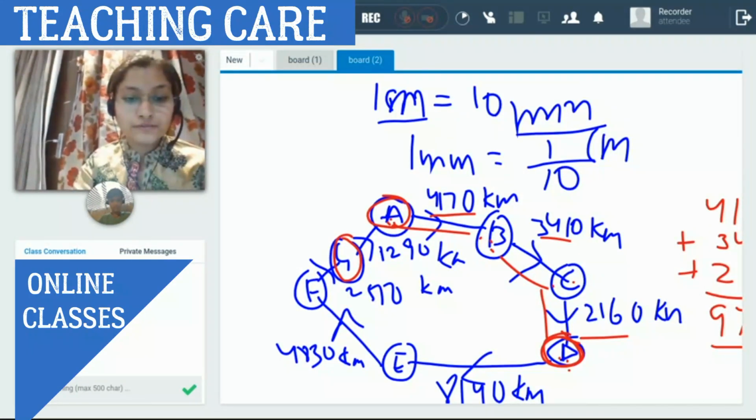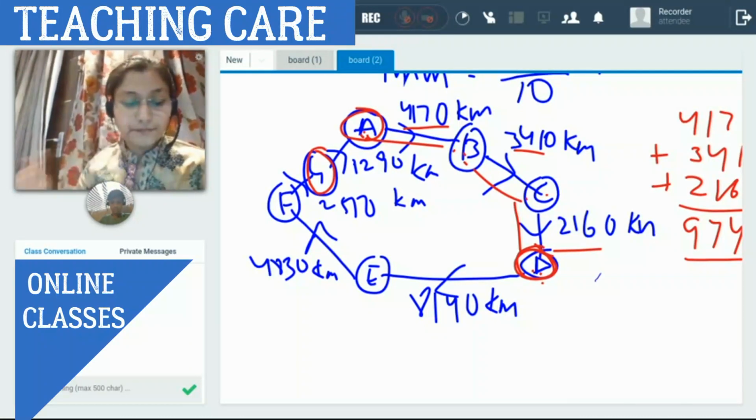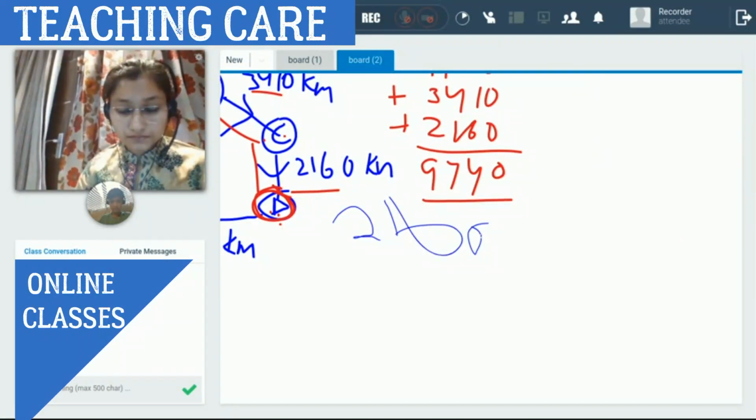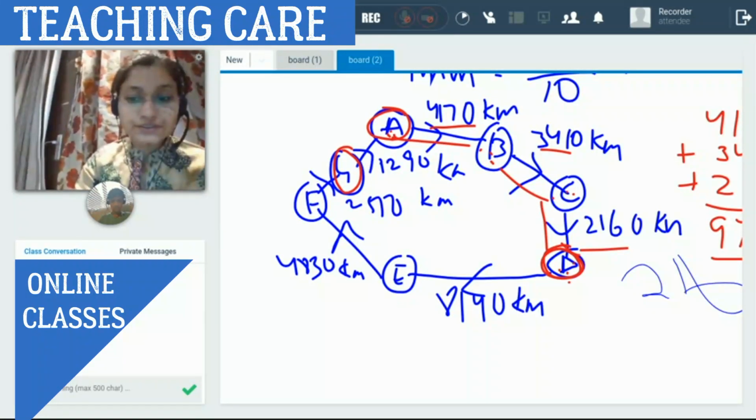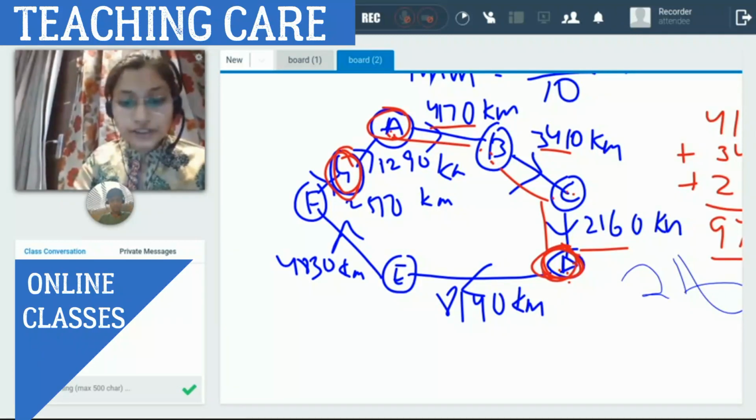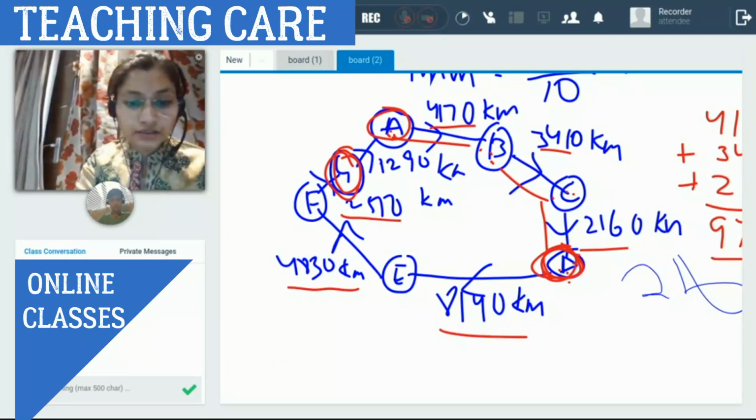Okay. Next is: find the total distance covered by the bus from D to G. No, no, no. 2160 is not considered. This is the distance between C to D, but you have to calculate between D to G. So you will take this one, and this one.